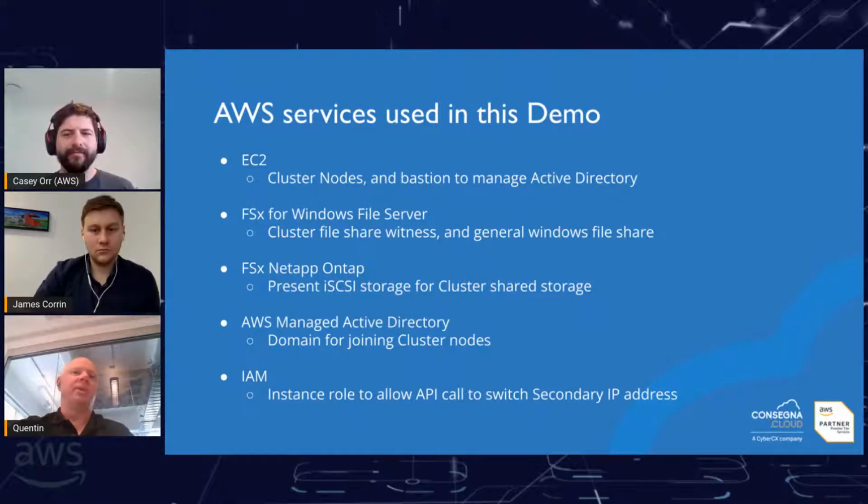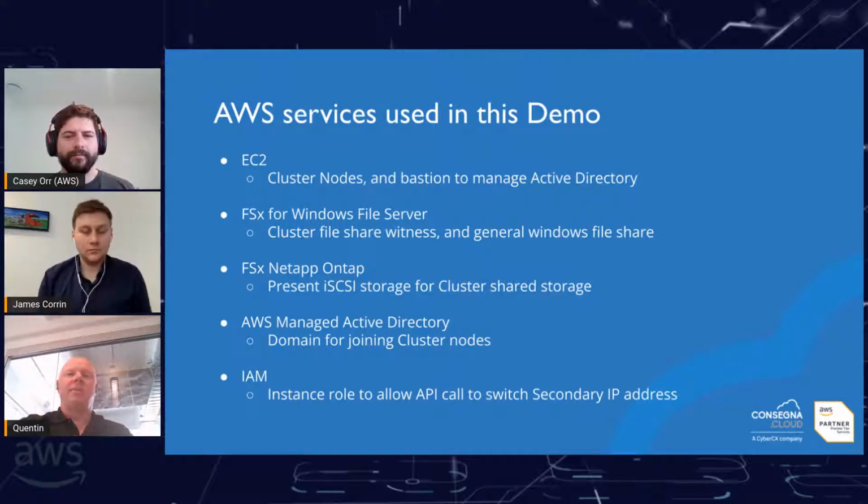We've also built in AWS Managed Active Directory. And the reasoning behind this is we needed something so we could do a domain join and set up the permissions for the cluster. Most of the time, I'd say 99.9% of the time, anyone going down into Microsoft server clustering already has on-prem Active Directory.